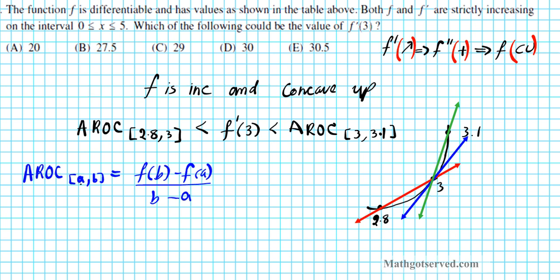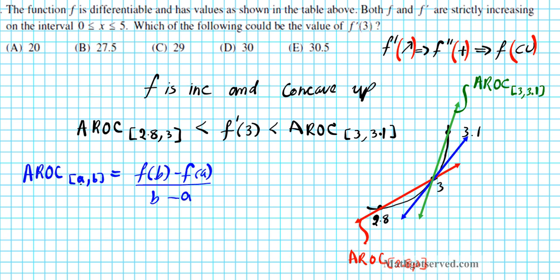So there you have it color coded. The red one right here is the average rate of change from 2.8 to 3, the slope of that secant line. The green line is the average rate of change from 3 to 3.1.